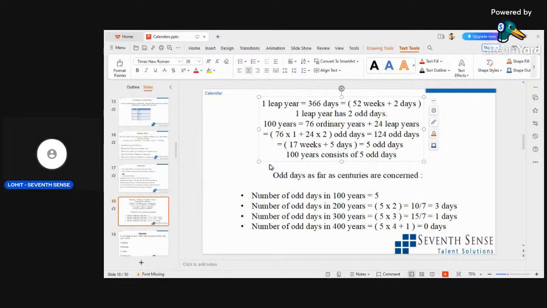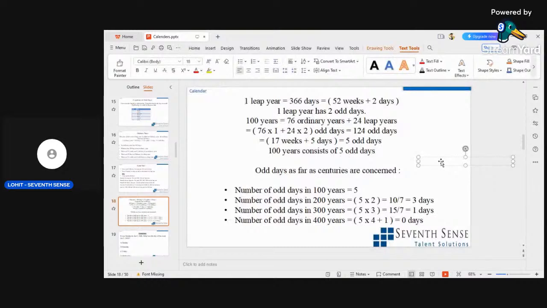The same thing we need to calculate for 200. In 200 years, how many odd days will there be? You don't need to calculate the same thing again, because we can write 100 into 2, right? 100 multiplied by 2 is 200. Correct? So can I write it as 5 into 2?